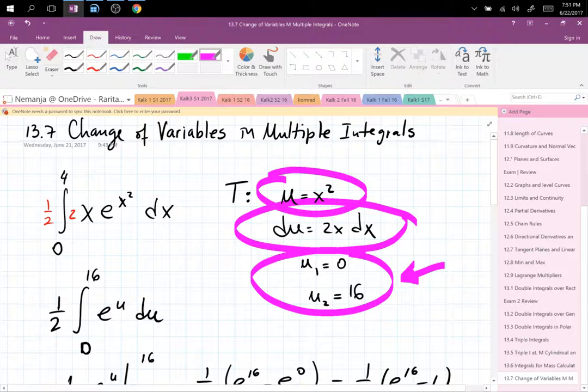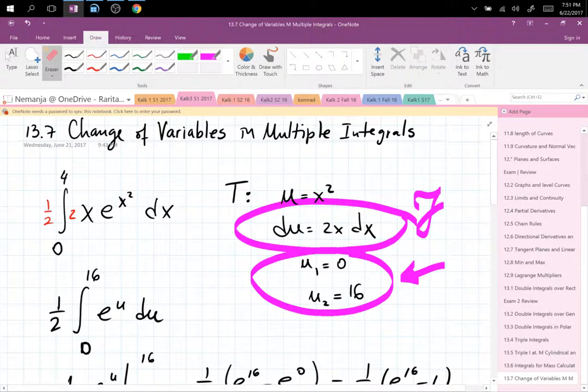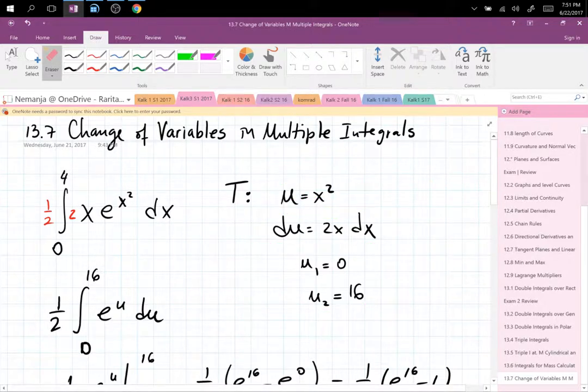Transforming the region is equivalent to the limits. Your transformation is given here, and this will be the Jacobian matrix equivalent of the derivative part. So we have all of those together.